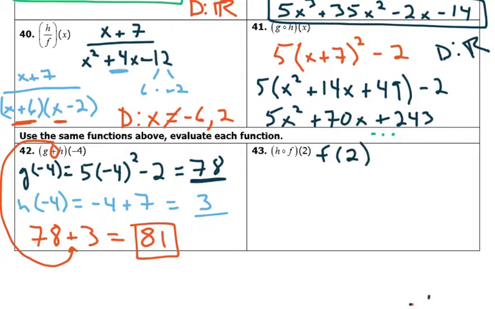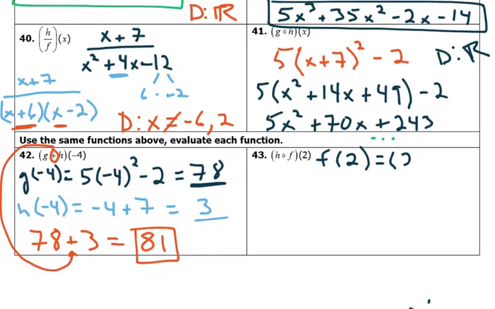All right, so f of 2 ends up equaling 2 squared plus 4 times 2 minus 12. I'm just plugging in 2 for x. It's a minus sign. Minus 12.